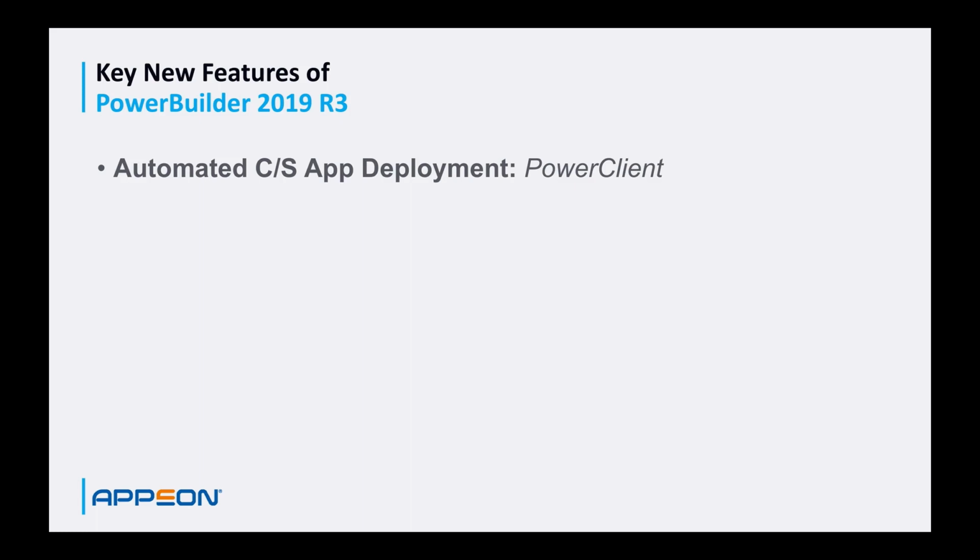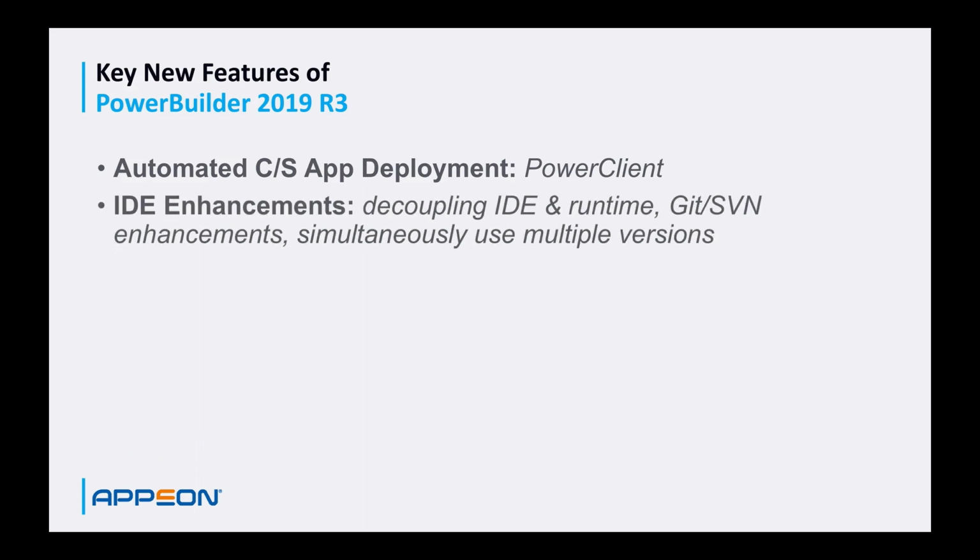So this can be configured to be deployed on-premise or from a remote web server, and does not require any code changes, just basically configuration and setting up a web server, and really helps with automating not only the initial installation but also updates of the application. And there's a number of IDE enhancements that we'll be going in depth in today's webinar.